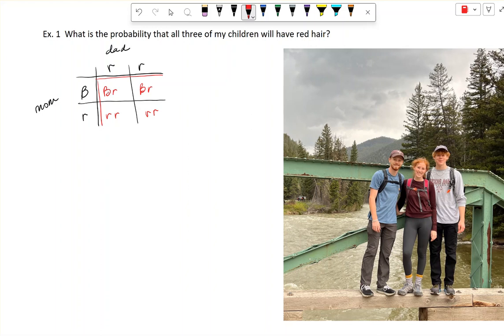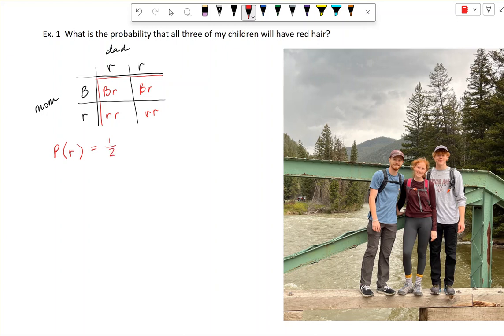And again, as long as you have a brown paired with a red, you're going to end up with a brown-haired kid. As long as I have 2 red genes paired, I have a redheaded kid. So the probability of a red is a 1 in 2 chance because it's 2 out of 4.